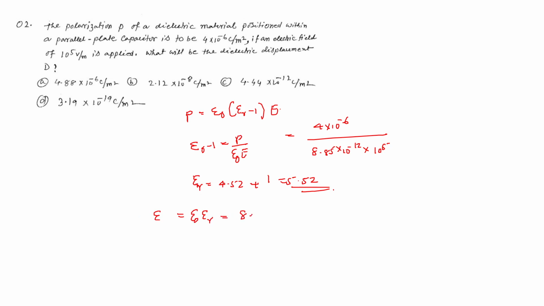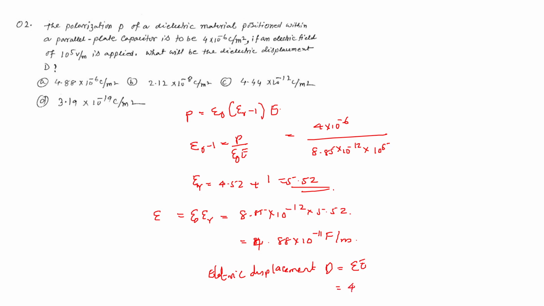So it will be 8.85 × 10^-12 × 5.52, which is 4.88 × 10^-11 F/m. Now the electric displacement D = epsilon E. So substitute all the values: epsilon is 4.88 × 10^-11 times 10^5 C/m². Find the answer and check which one is in the options.